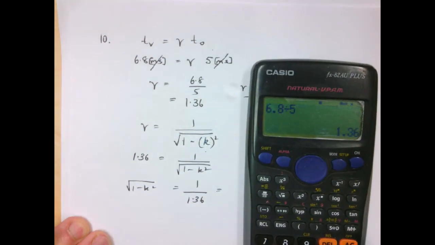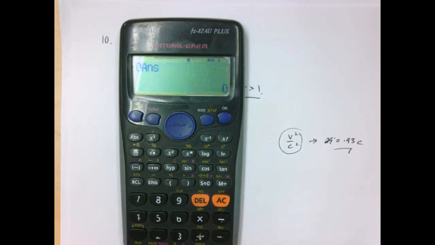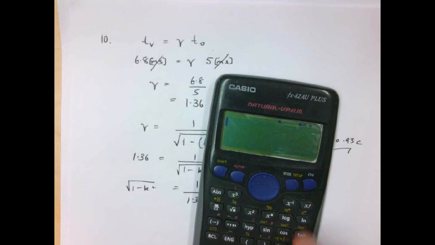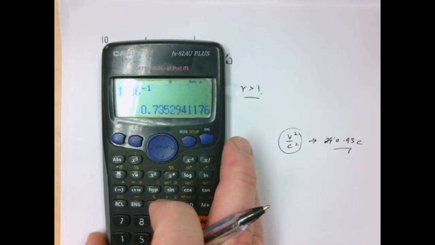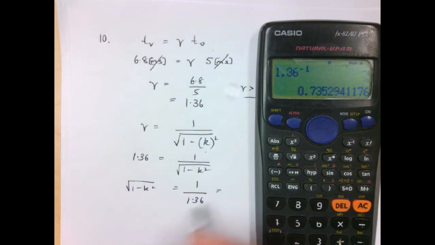That's just the reciprocal of that value, which in this case is going to be, let me do that again, 1.36 reciprocated. Okay, so that's 0.73529 and so on. So that's the square root of 1 minus k squared.